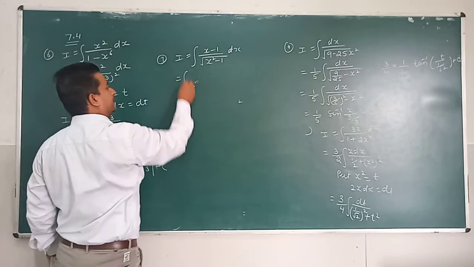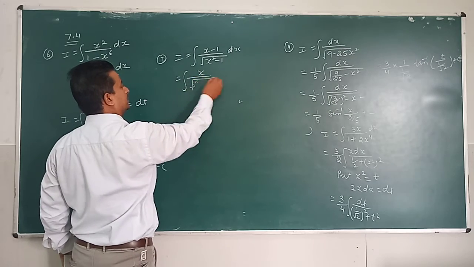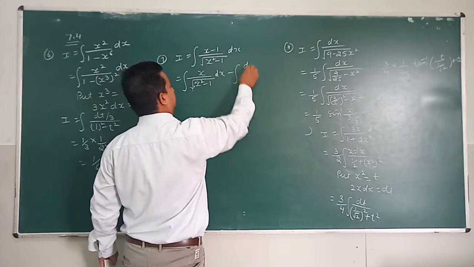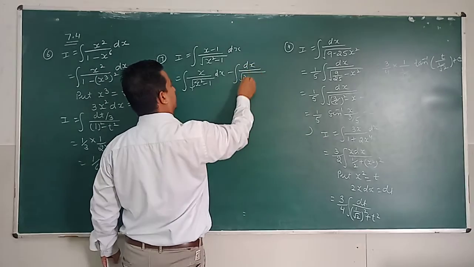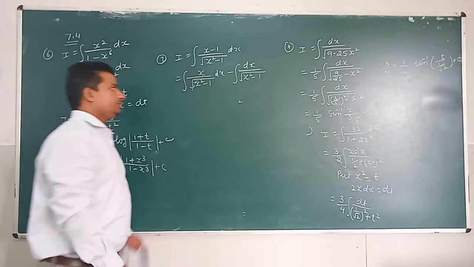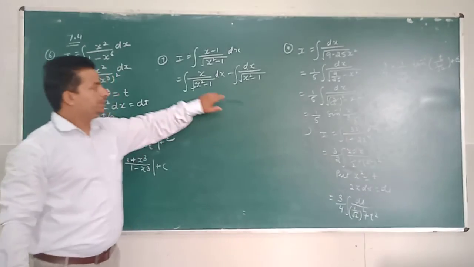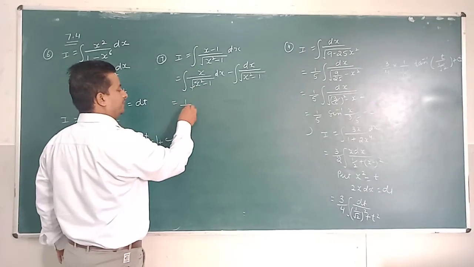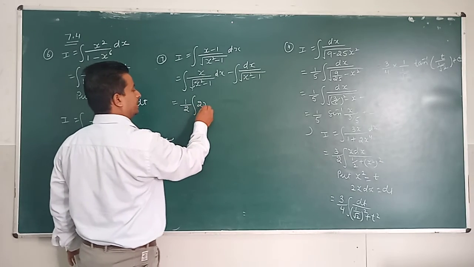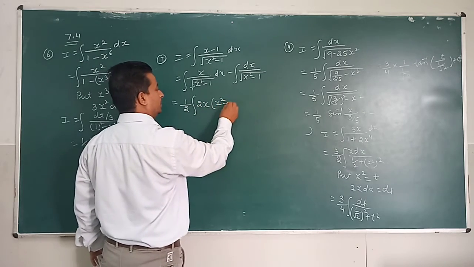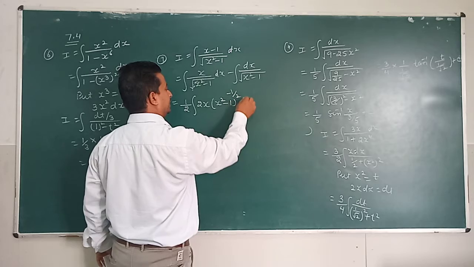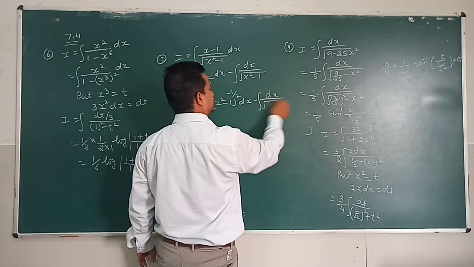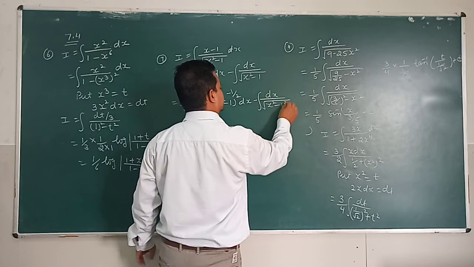In question number 7, I is equals to x minus 1 upon x square minus 1. So we first separate these two terms, x upon square root of x square minus 1 dx and dx upon square root of x square minus 1. As we know, differentiation of x square is 2x. So we divide this by 2 and multiply also by 2 and take this term in the numerator and write this as x square minus a square.